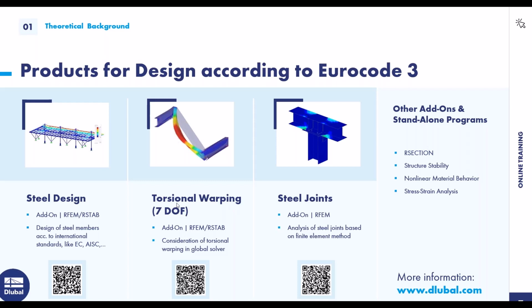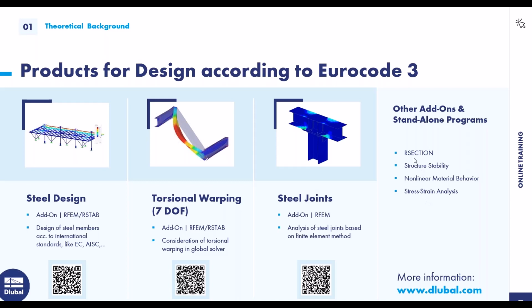Then there's the add-on torsional warping, with which you can consider the 7th degree of freedom, the torsional warping. Then steel joints, with which you can analyze steel joints based on the finite element method.